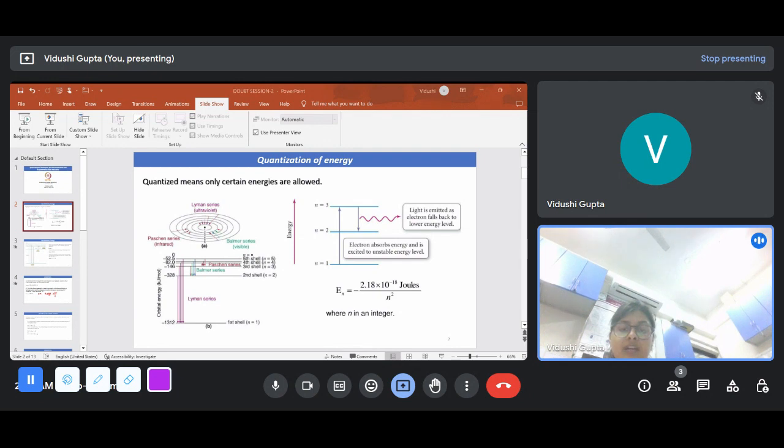You can also substitute the value of p, as p is equal to mv. The formula can be uncertainty in position del x times m times del v greater than or equal to h upon 4 pi. So these two formulas you should remember for solving.